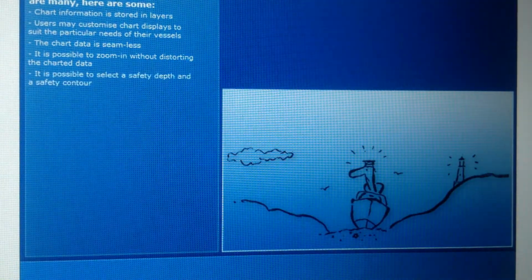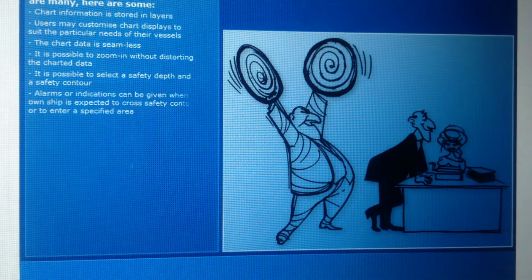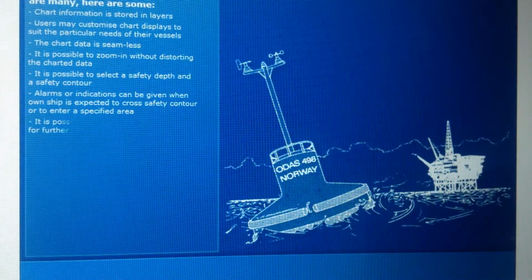It is possible to select a safety depth and a safety contour. Alarms or indications can be given when own ship is expected to cross safety contour or to enter a specified area. It is possible to interrogate charted objects for further information.